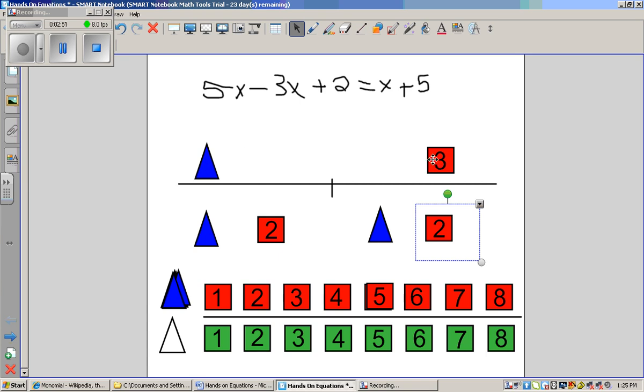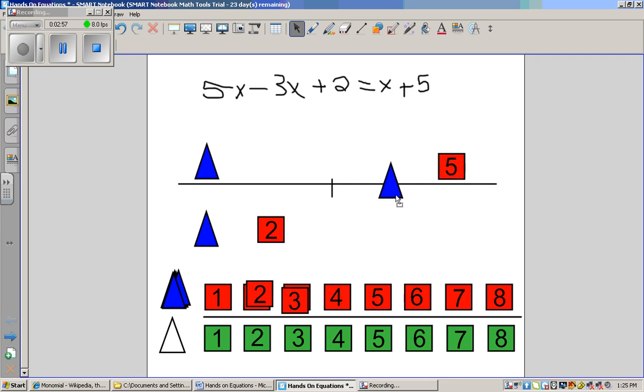If I put my equation back up on the scale, 3 plus 2 is 5. Put my x back up, 2 number cubes, and my other x. Now I'm going to plug in what I solved, which was 3. So 3 plus 3, or 2 times 3, is 6, plus 2 is 8, and 3 plus 5 is 8.